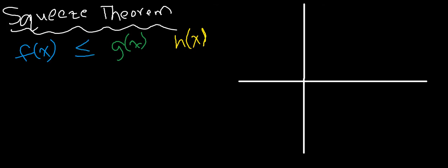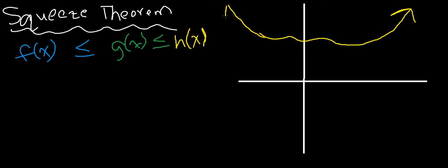What I mean by the middle function is that it's smaller than h of x, but it's bigger than f of x. So maybe h of x is coming up like that, doing stuff like that, and then coming up like that.